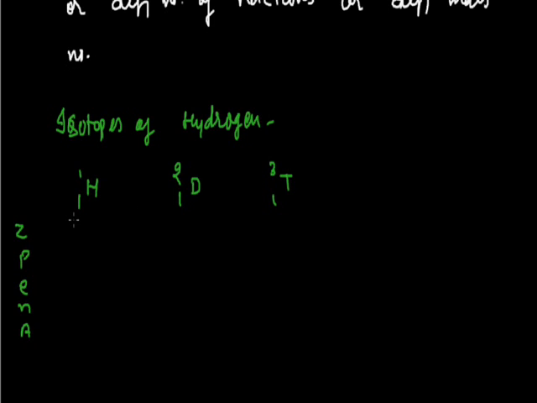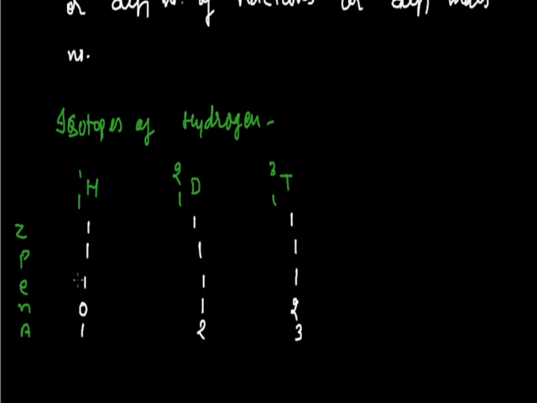Here you can count the atomic number in 1H1 is 1, for 1D2 is also 1, and for the third one is also 1. Number of protons is 1, 1, and 1. And all these three are neutral, so number of electrons will be the same. Now mass number, in first case is 1, in second one is 2, and third one is 3. So number of neutrons we can count here. 1 minus 1 equal to 0, 2 minus 1 equal to 1, and 3 minus 1 equal to 2.